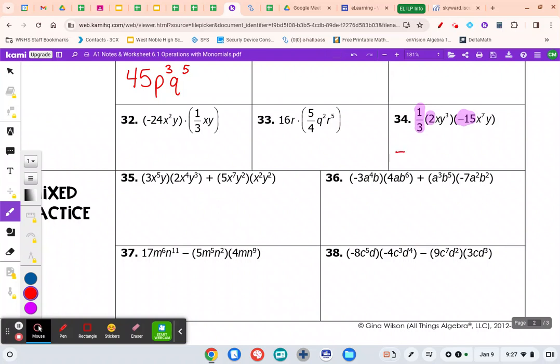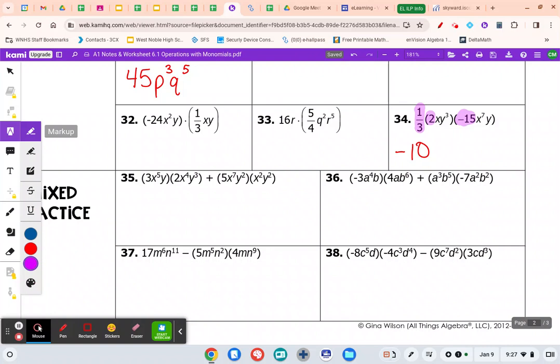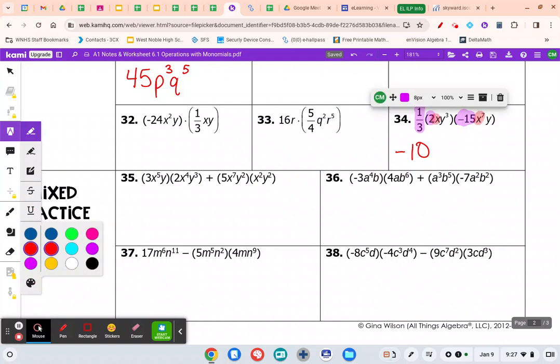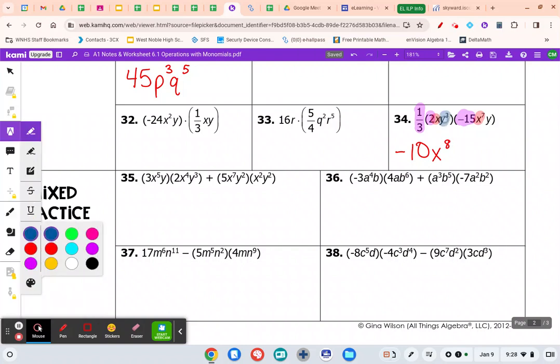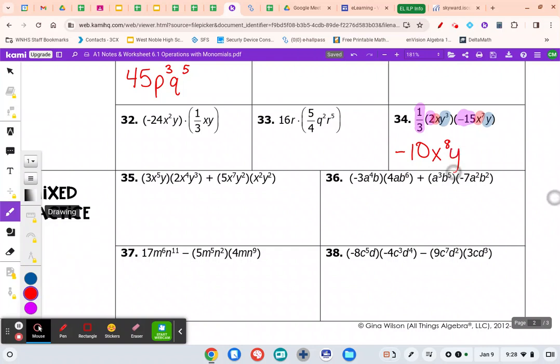Those 3 multiplied give us -10. Then we look at our x values. We've got x to the 1st and x to the 7th. Add those exponents, we get x to the 8th. And then, lastly, we look at our y's. You have y to the 3rd, y to the 1st. Add 3 and 1, you get y to the 4th.